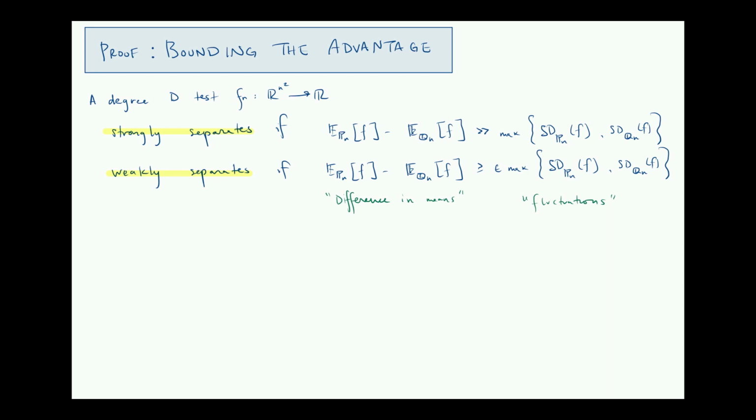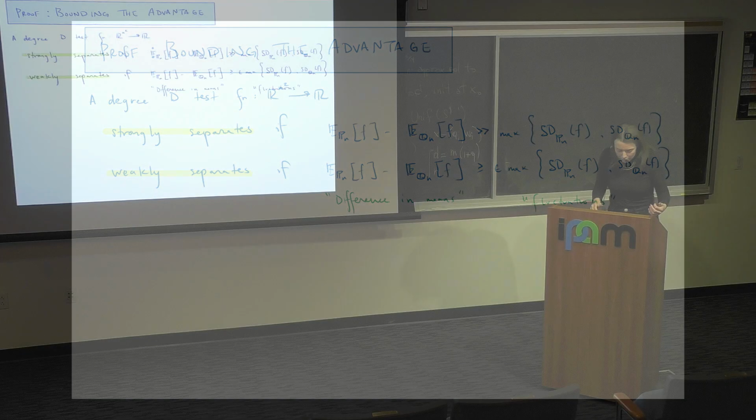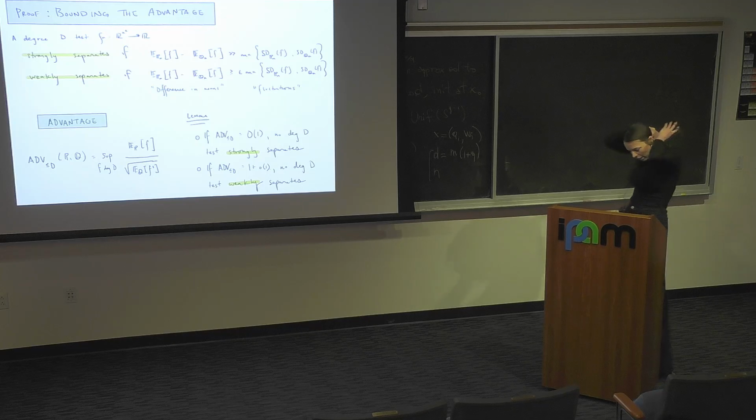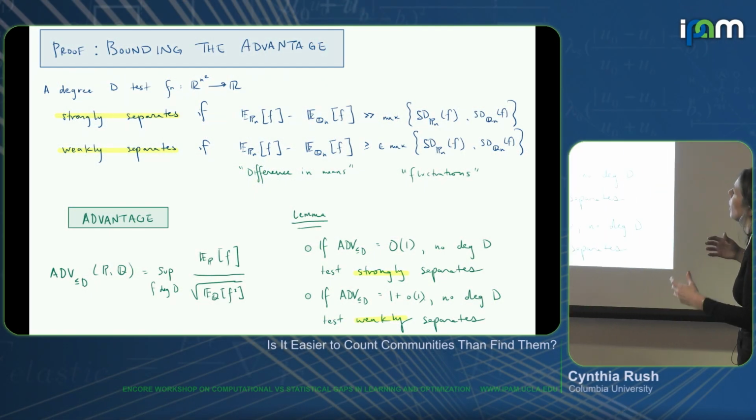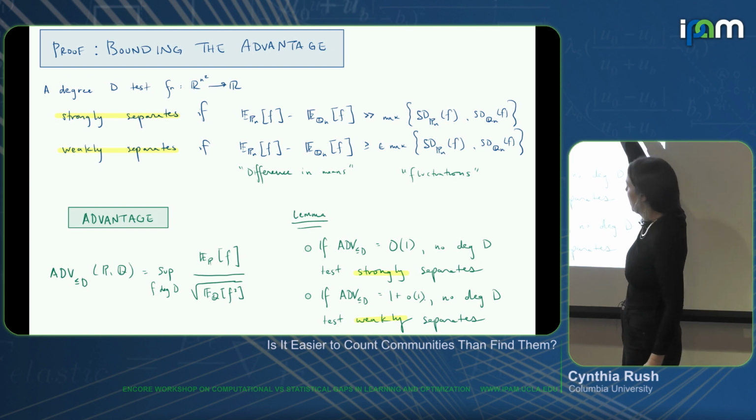We also have a notion of weak separation, where the difference in means is greater than or equal to epsilon times the max of the standard deviations. And how do we show something like this?